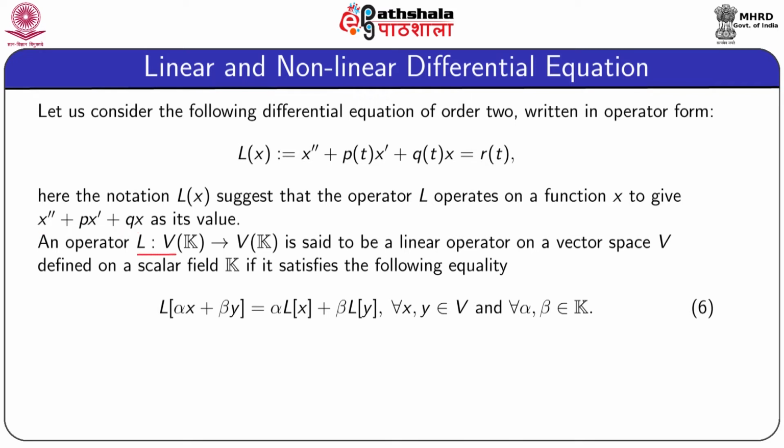An operator L from V to V is said to be a linear operator on a vector space V defined on a scalar field k if it satisfies the following equality, that is, L(αx + βy) = αLx + βLy for all x, y belonging to V and for all α, β belonging to k.